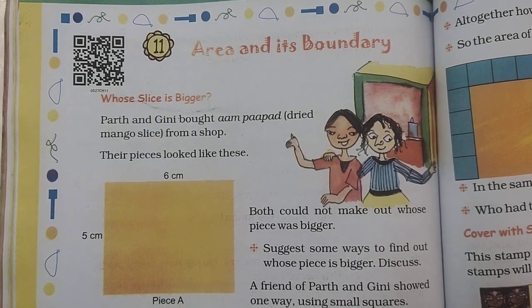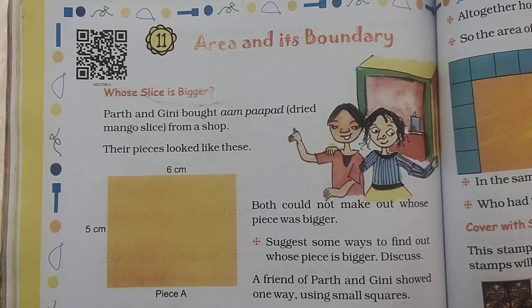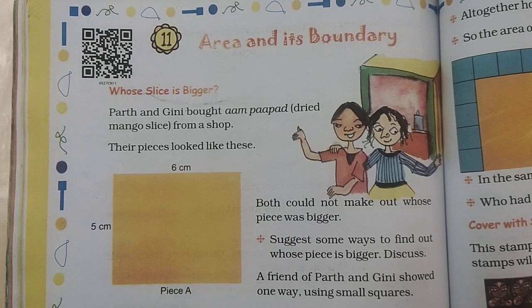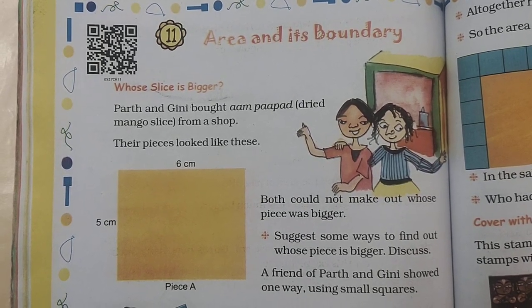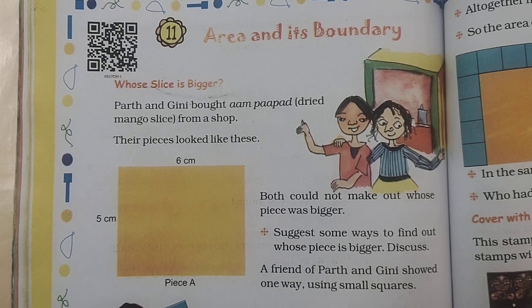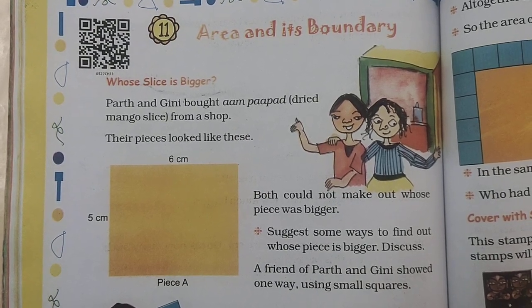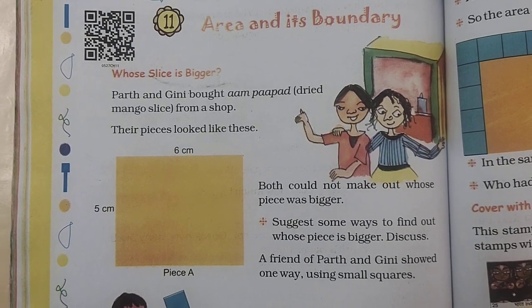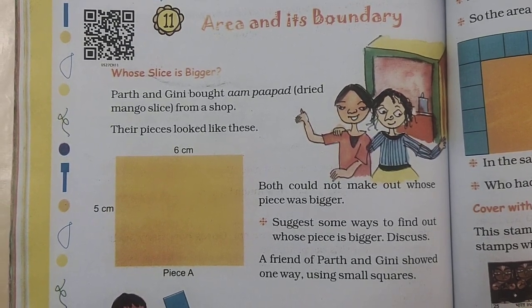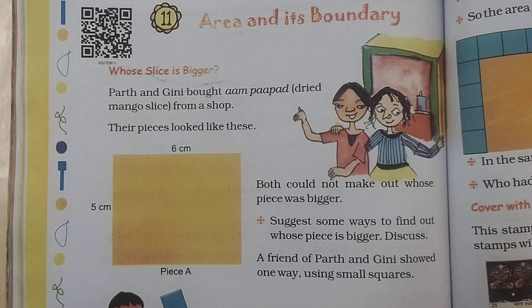In our previous video, students, we learned what the area of a shape or an object is, and what the perimeter of an object or shape is. We learned about the area and perimeter of a square.